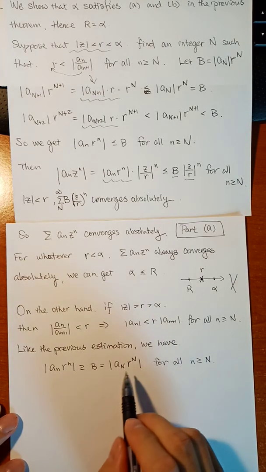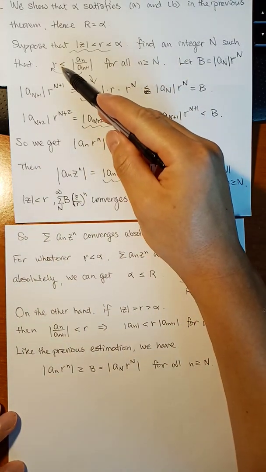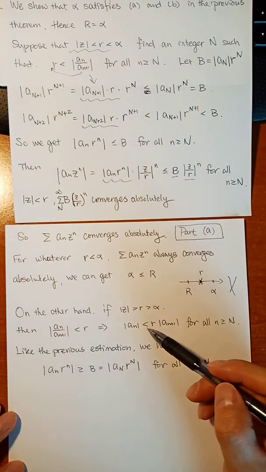Here is less than because this part is less than. Here is greater than because this part is greater.